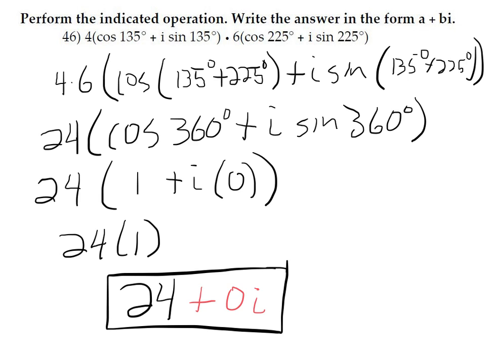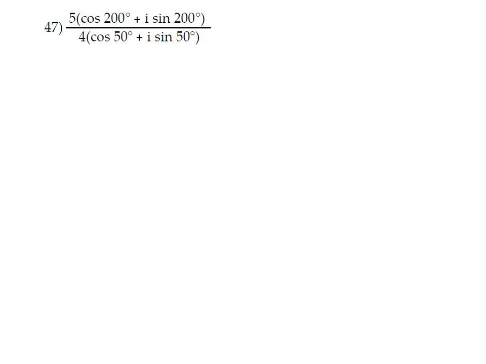Trigonometric form of complex numbers. Perform the indicated operation. In this case, the indicated operation is division, and we want to write our answer in standard form a plus bi. Now, when we are doing division of complex numbers in trigonometric form, you just divide the moduli, or the 5 and the 4, and you subtract the angles.